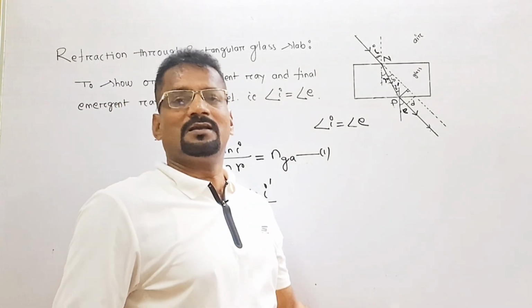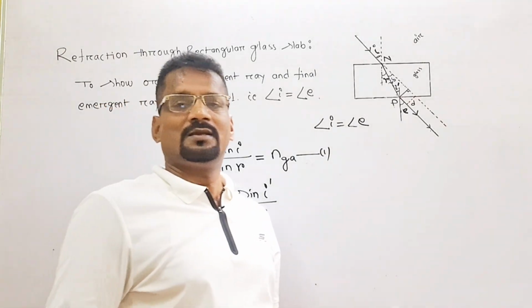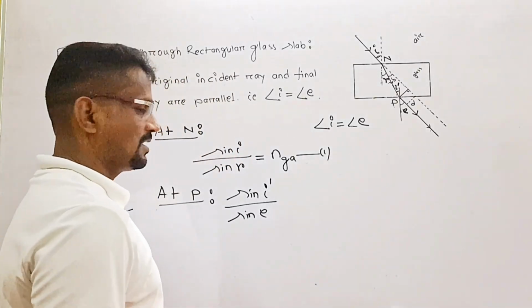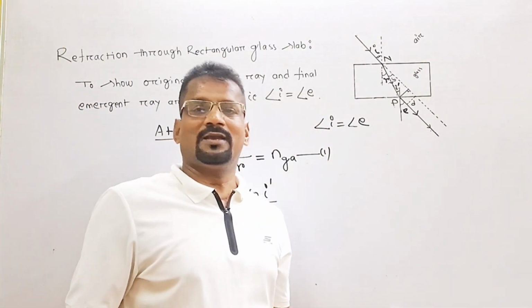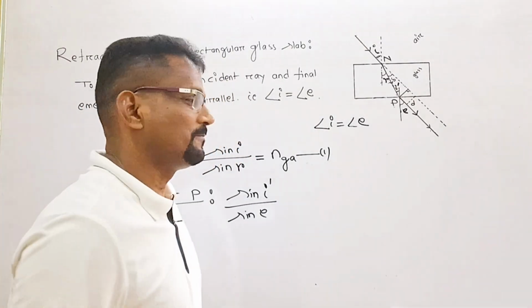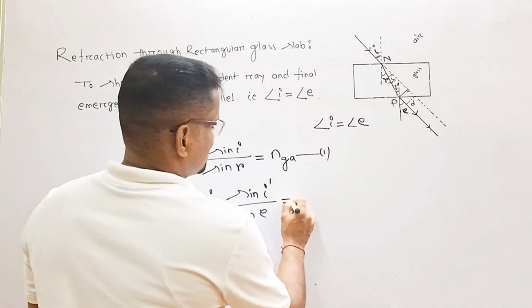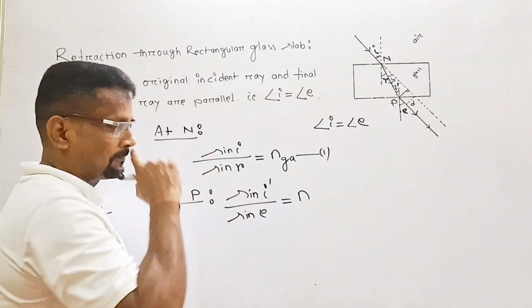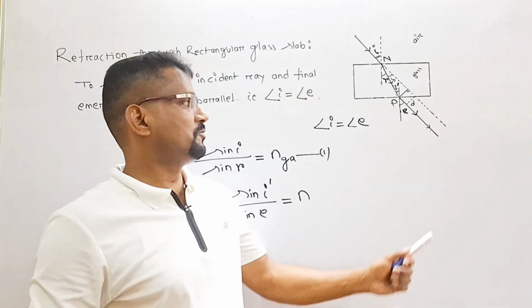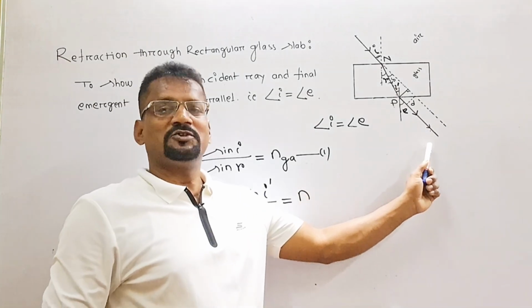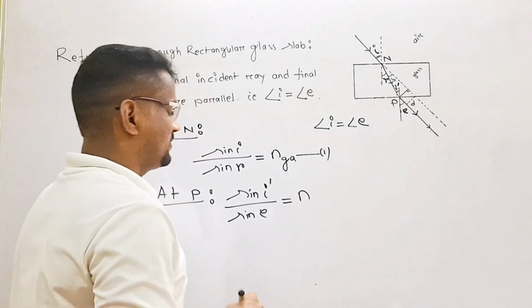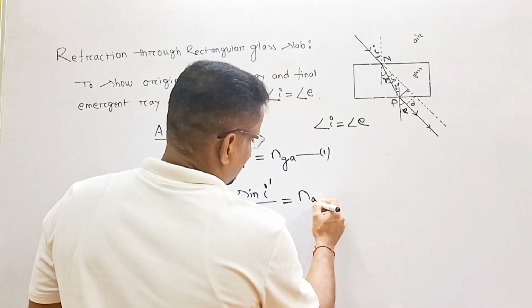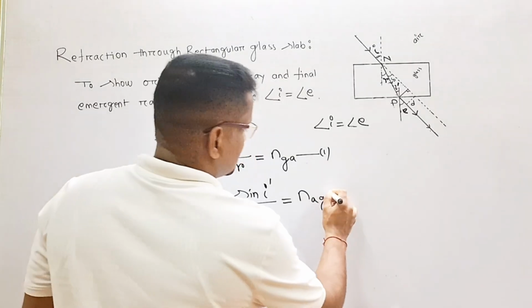So here is the angle of refraction, which is known as the angle of emergence. Angle of emergence is nothing but the angle of refraction only. This is equal to refractive index of what? Refraction takes place into which medium? Air medium. So you can say refractive index of air with respect to glass. This is your number 2.